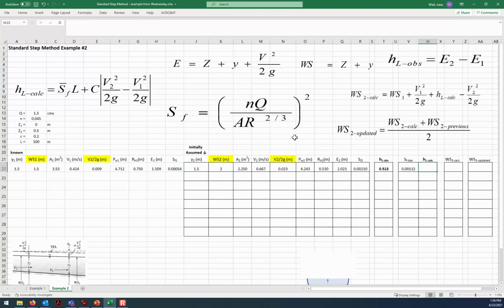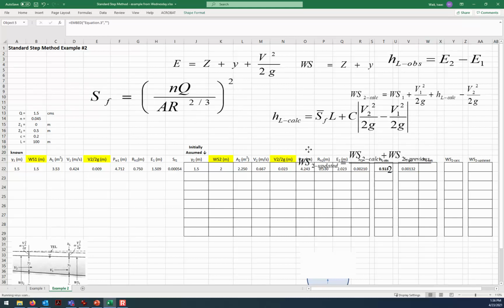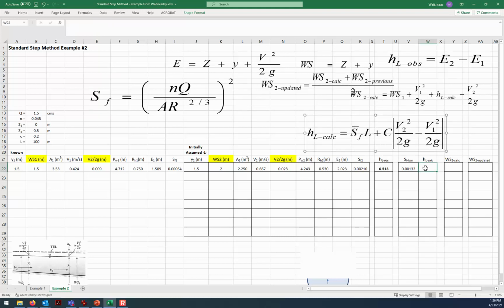And the calculated head loss is where we're going to use this formula. It's getting kind of crowded. Let me move this other stuff out of the way. Okay. Calculated head loss. So it's the slope of the energy grade line at the midpoint multiplied by the segment length between the upstream and the downstream section, plus the transition coefficient, C, times the absolute value of the difference in the velocity heads.